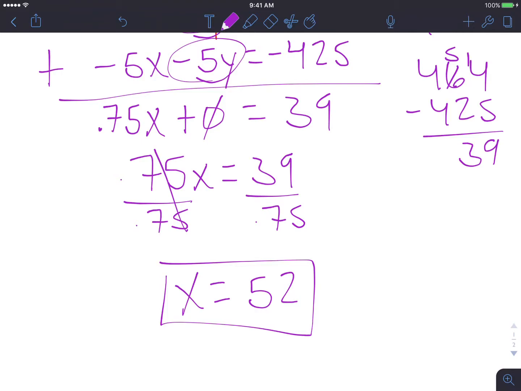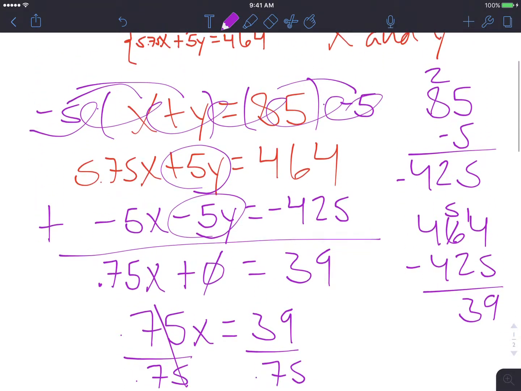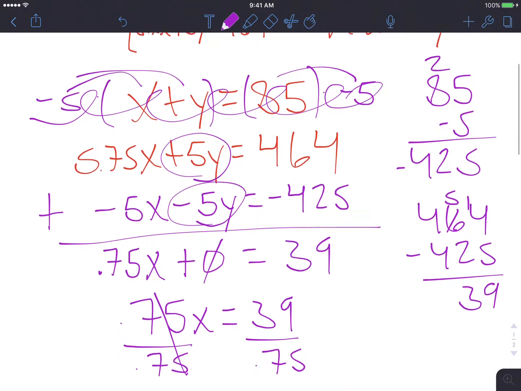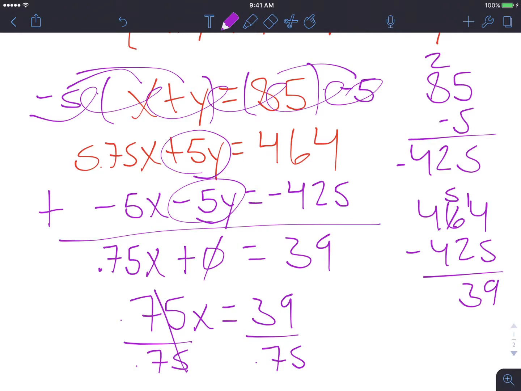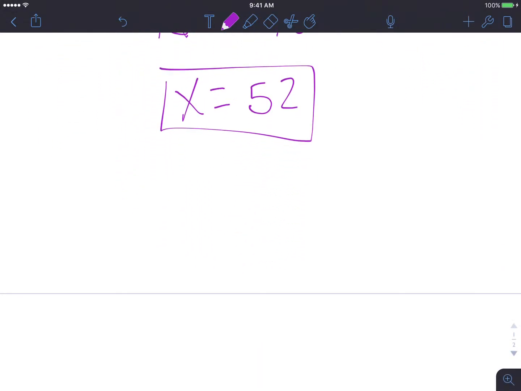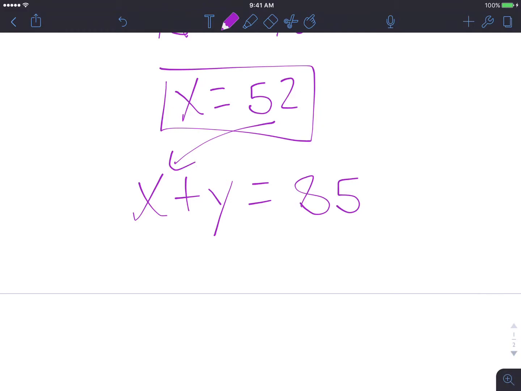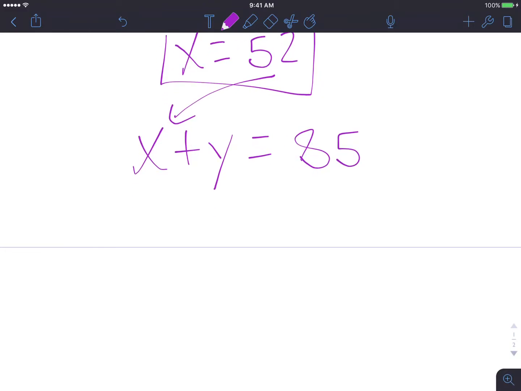Now, let's go ahead and plug that 52 back into the original equation. Let's plug it into this first one right here. x plus y equals 85. We're going to plug 52 in for x. 52 plus y equals 85.